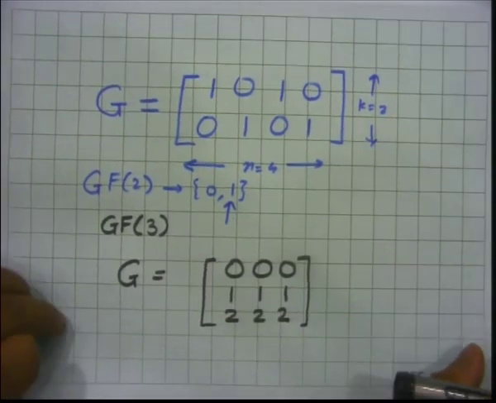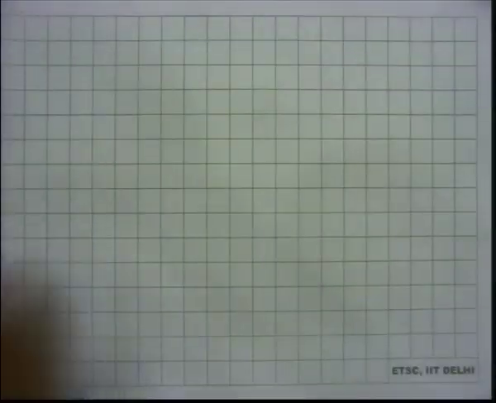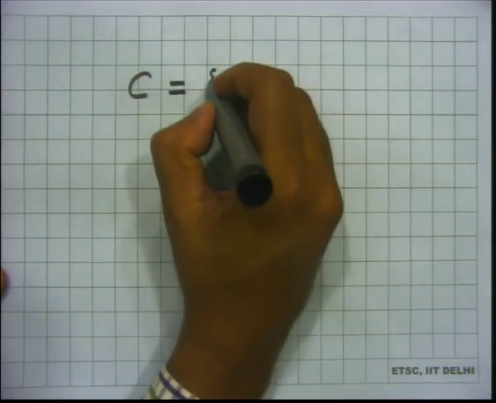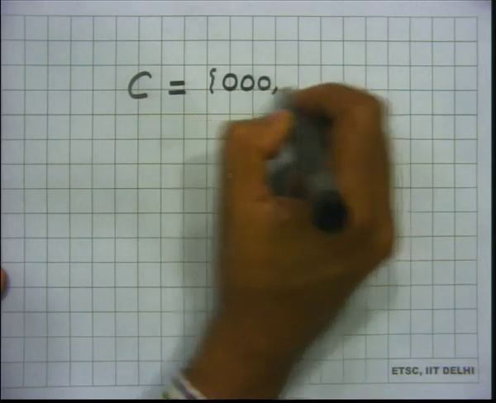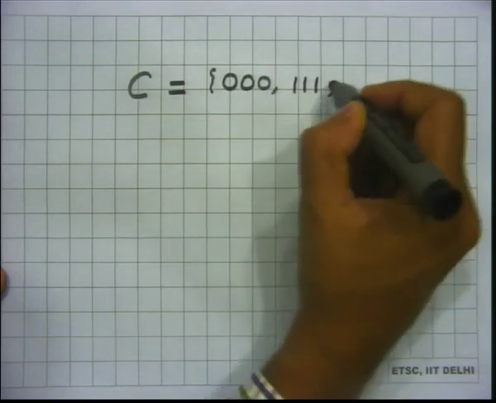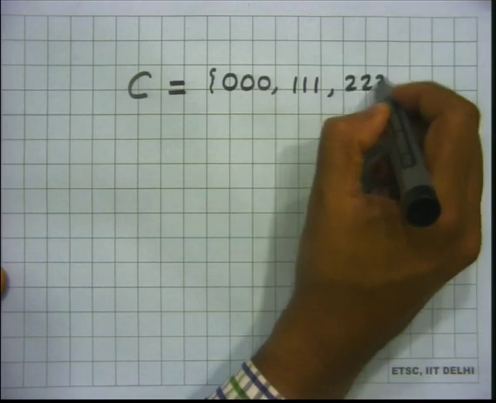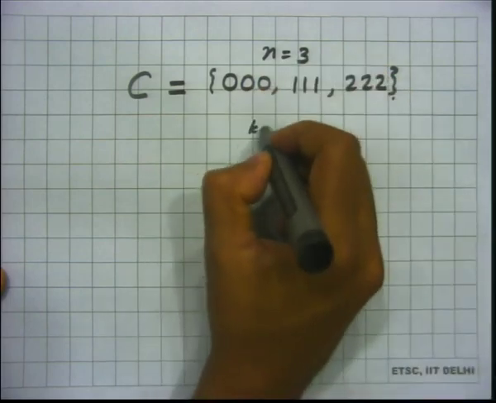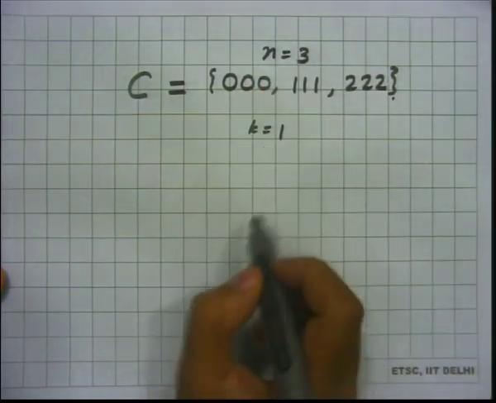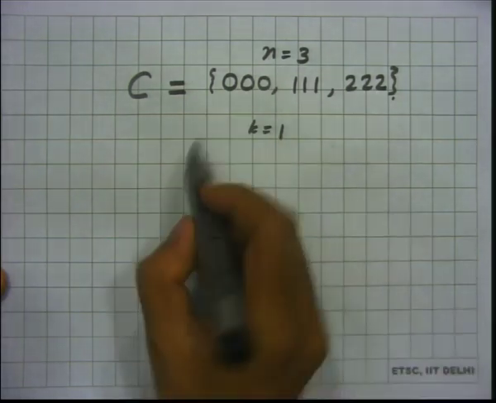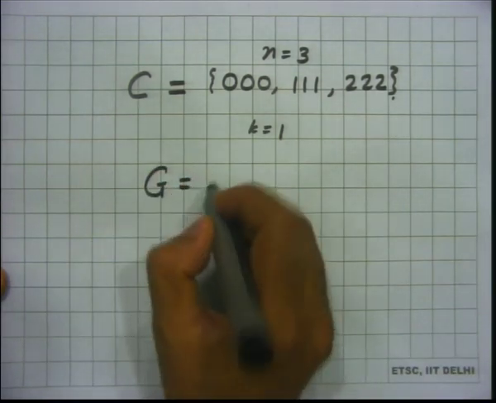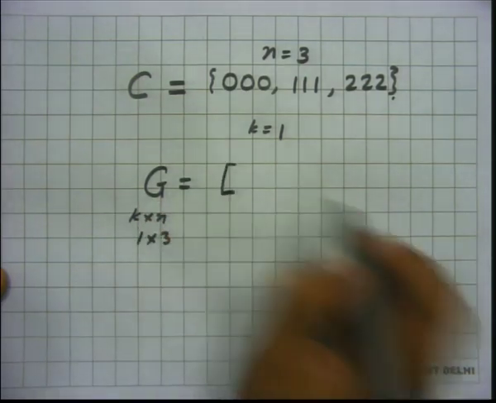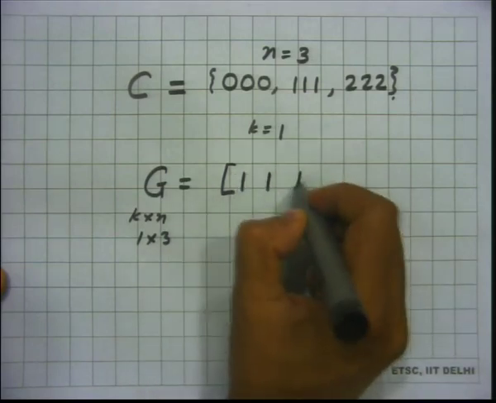So let's talk about this code. This code is a lookup table and can be written also as so here n is equal to 3 and k is equal to 1. Okay? Therefore, we have 3 elements in that lookup table. So if you have to have the generator matrix, the size should be k cross n, 1 cross 3. So the generator matrix is nothing but 1 1 1.